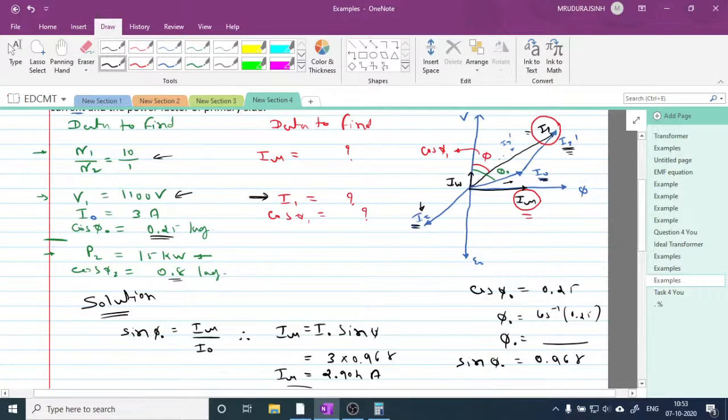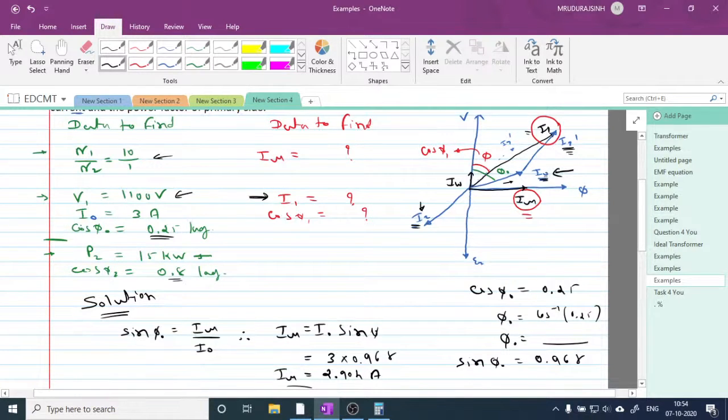Now the reflection of I2 will be on the primary side. This is I2 dash. So what will be I2 dash exactly? Whenever the transformer is at no load, it draws only I0, the no load current. Understand this very clearly because this will be useful in many examples.